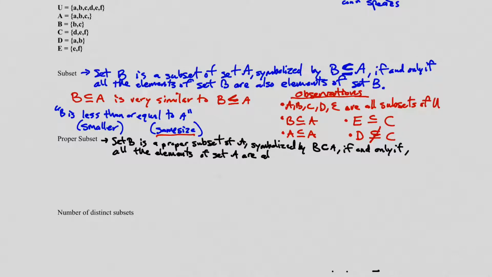All the elements of B are elements of set A, and B cannot equal A. Okay, these cannot be the same size. And the reason for that is it doesn't have that equal sign under it. Okay?